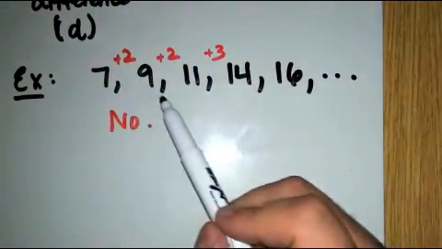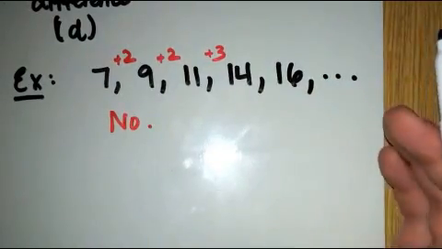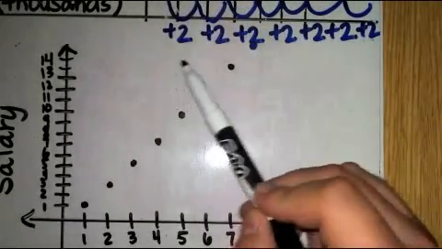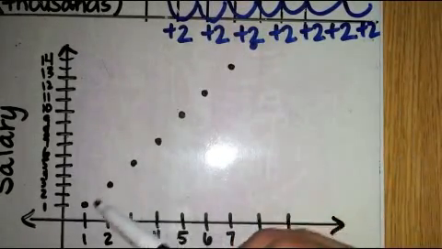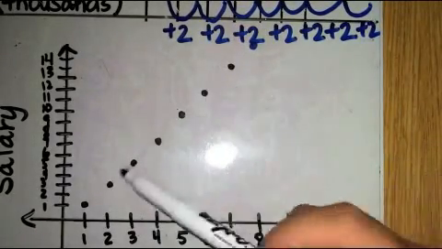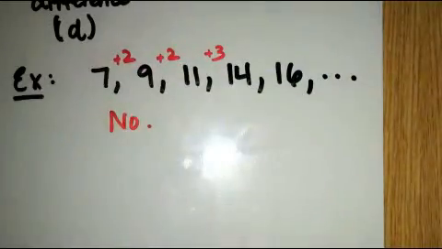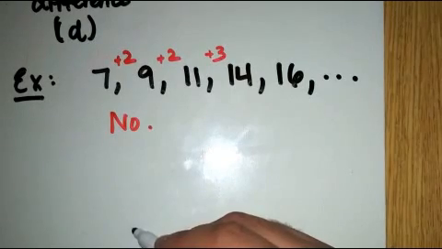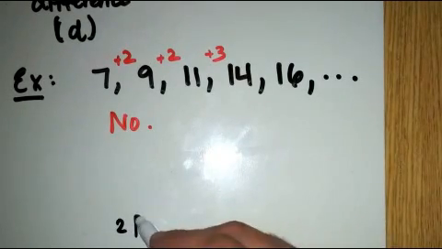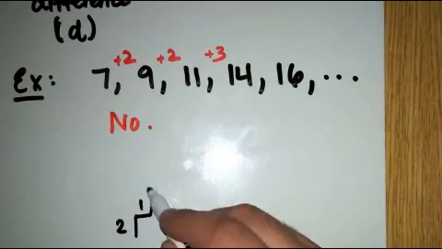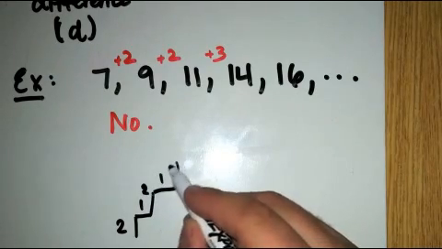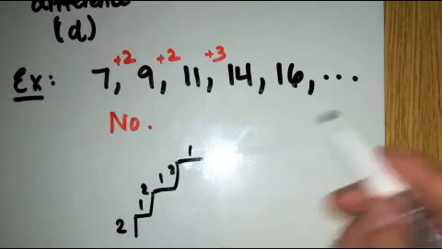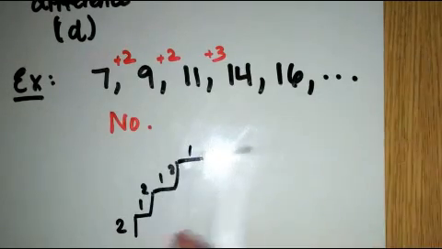But at the very beginning of the lesson, I gave you this diagram and told you how this sequence, having a common difference of 2, created a linear line. If I start here, and I'm going up 2, and I go over 1, and I go up 2 again, over 1, up 2, over 1, do you see how I'm staying consistent here? Same thing with the common difference, it's staying consistent.